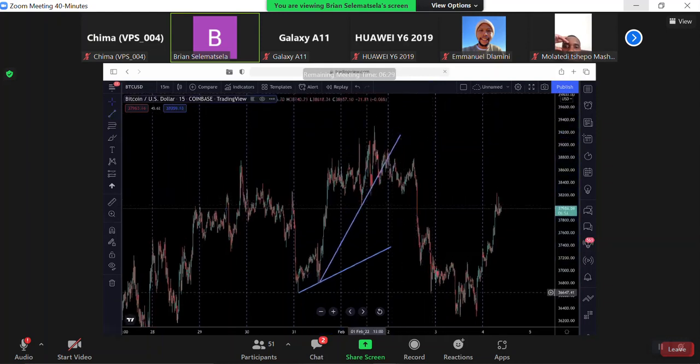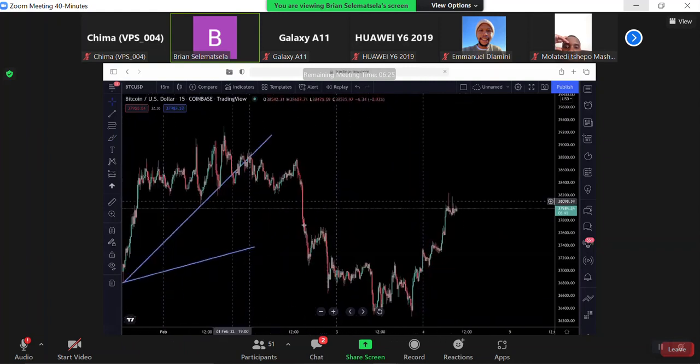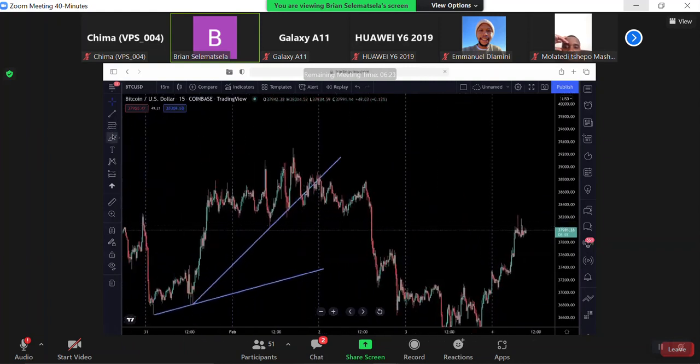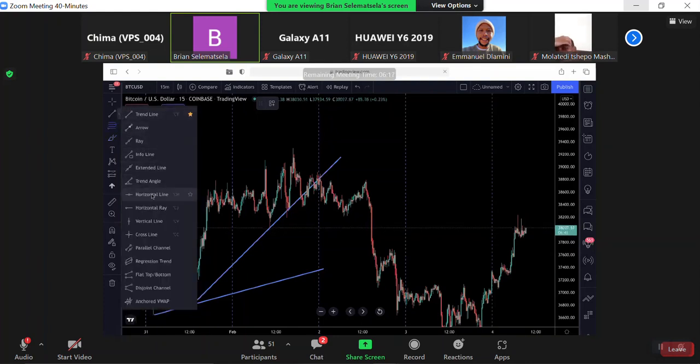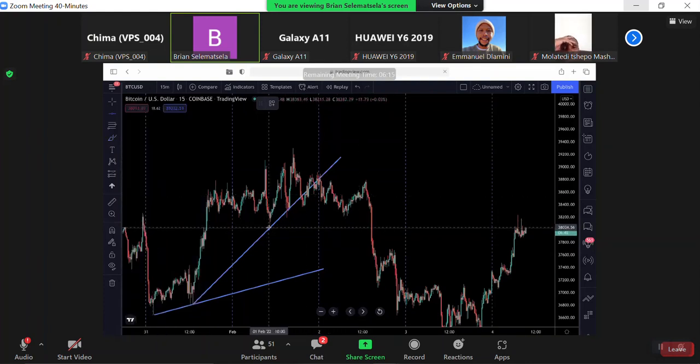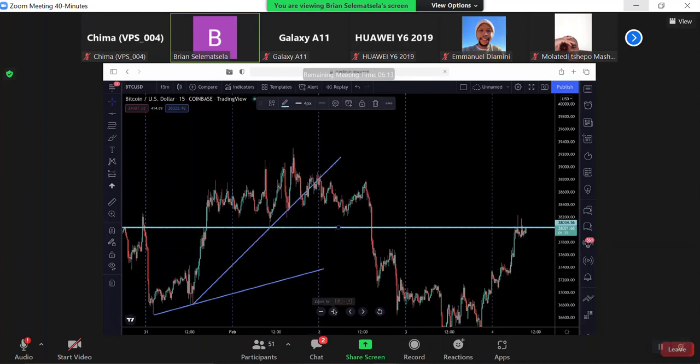You guys can see, it's fine. From there, what we normally do is that we put our first layer, our horizontal line, here. This is not a support or resistance, just a horizontal test line in order to determine where we'll be able to draw a proper footprint.